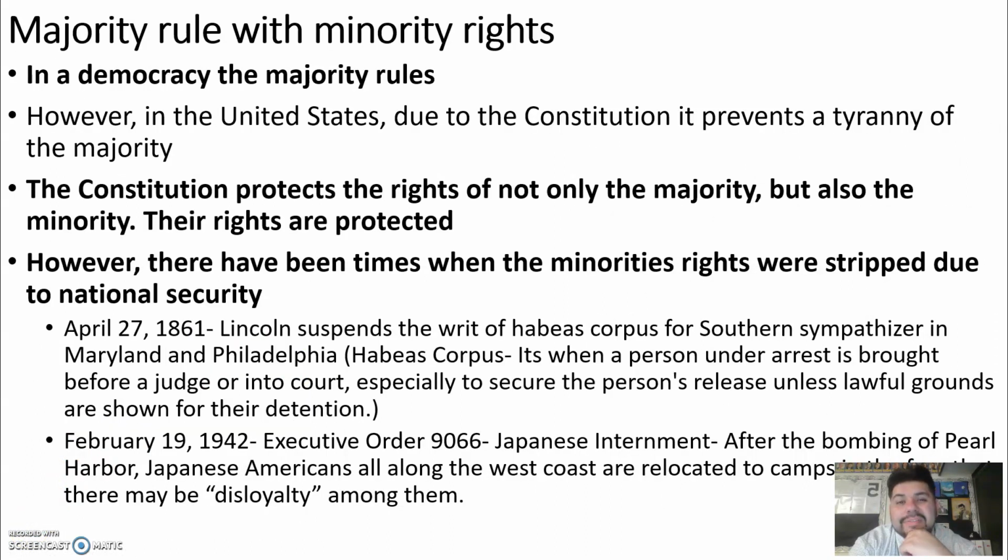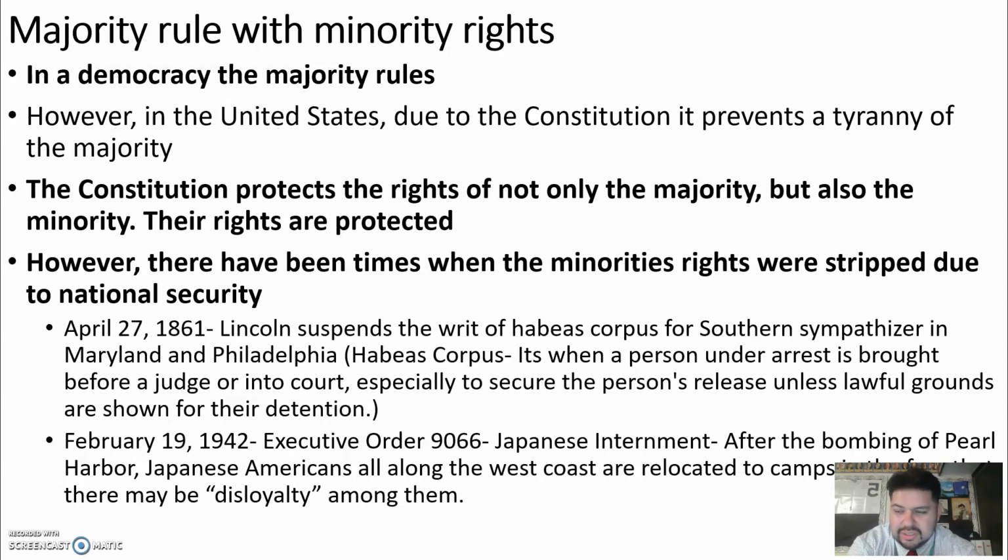So here we come to my favorite part of this whole section. Majority rules with minority rights. In a democracy, the majority rules. Always. 51% always beats 49%. But back in the day, a lot of governments would basically take advantage of those 49%.